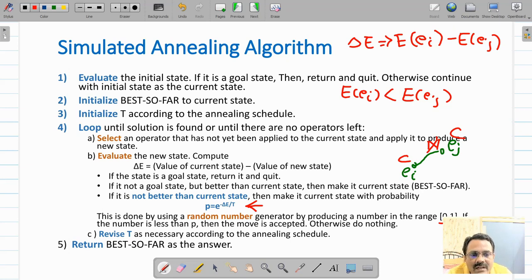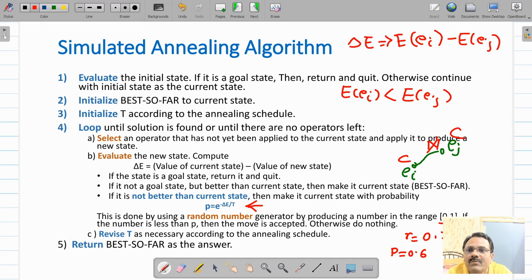Suppose the randomly generated number is 0.7 and your probability is 0.6, so what will happen? If the number is less than p, move. Now this number r is greater than p, then do nothing.